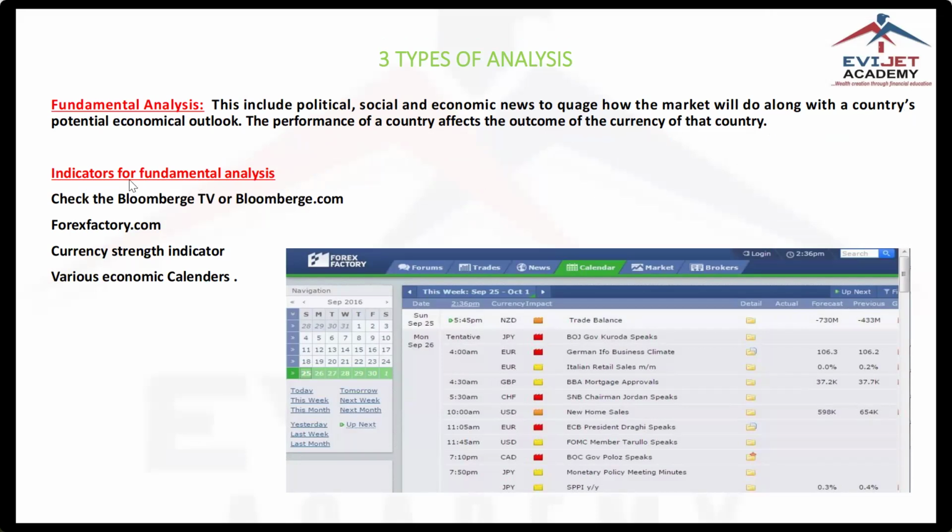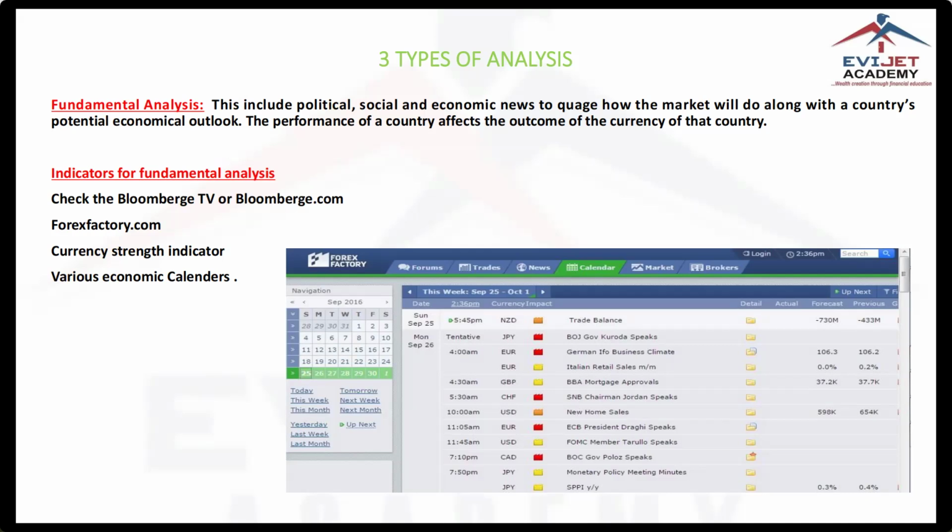Now, let's take politics, for instance. What happens around the politics of a country actually affects the economy and in turn affects the currency. Either way, either negative or positive.